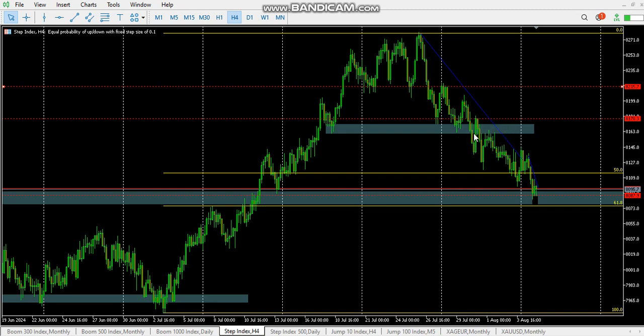It came to retest it, broke it, and came to retest it again. So this place, which was our support before, is now our resistance. And where do we have our next support likely to be? Here. So this is how you draw and identify your support and resistance in the market.